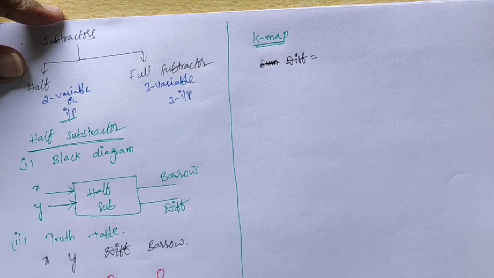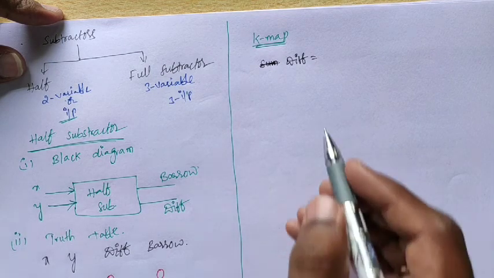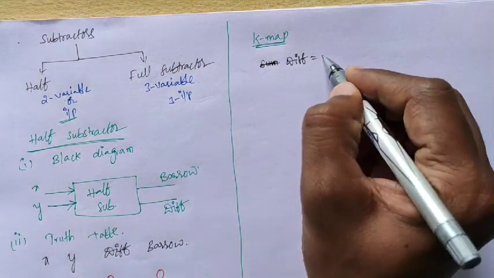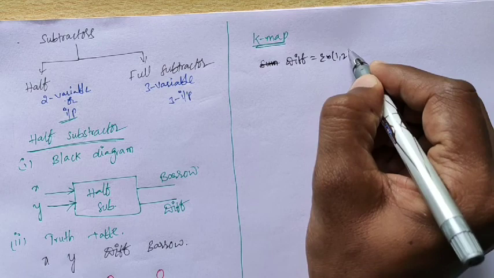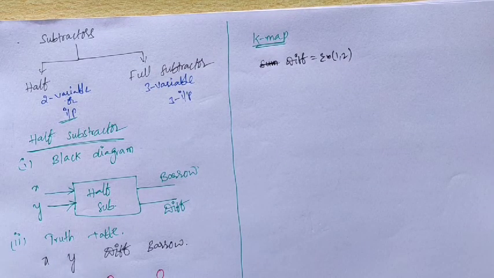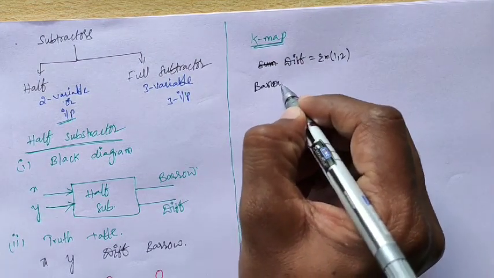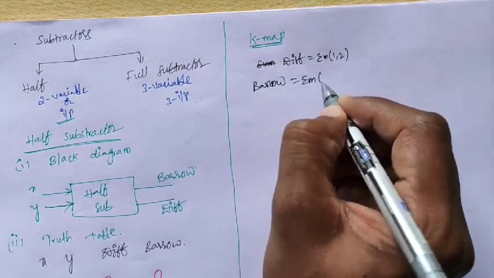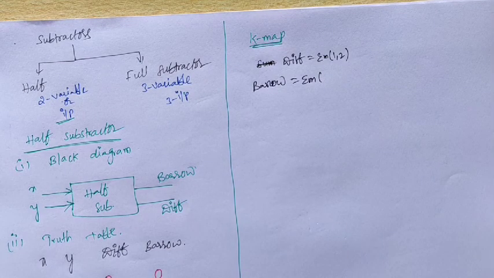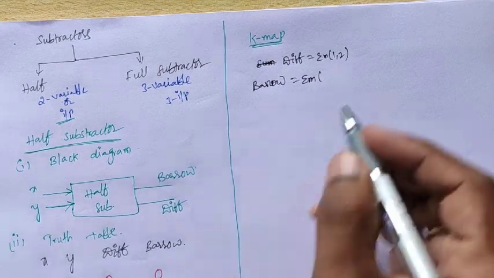For difference, the high outputs are at positions 1 and 2, so difference is the sum of m of 1, 2. And for borrow, it is high only in one case, that is 1 only.